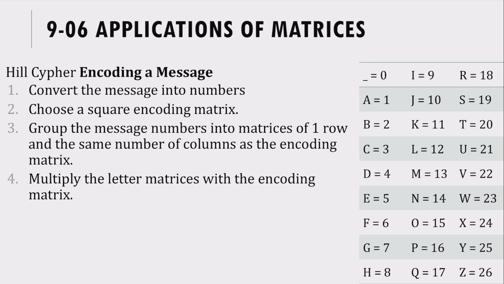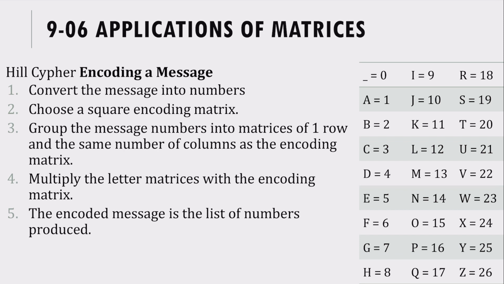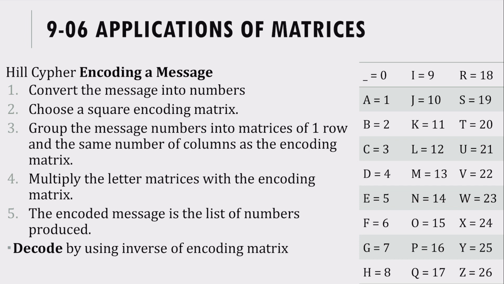Then you multiply these letter matrices with the encoding matrix, and that gives you a list of numbers. That encoded matrix is just the list of numbers. To decode, just use the inverse of the encoding matrix and do the same thing. Just pretty much go backwards with the inverse of the encoding matrix.